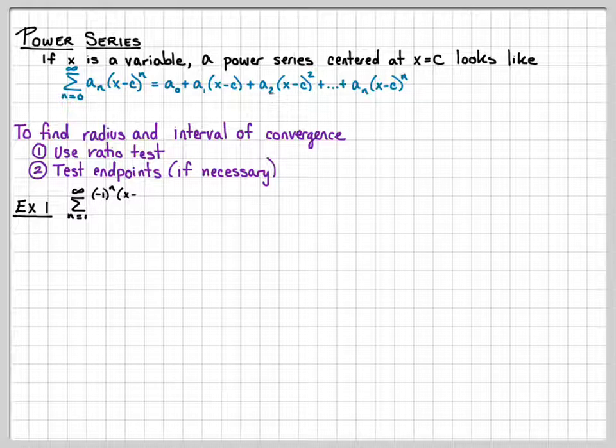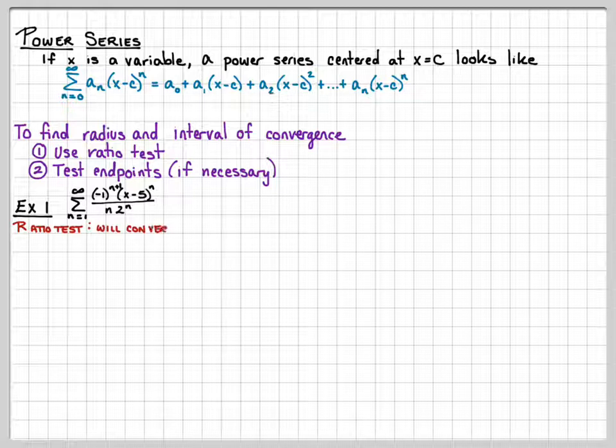The sum from n equals 1 to infinity of negative 1 to the n, (x minus 5) to the n over n times 2 to the n. And I'm just going to fix this really quick, because it should say right here n plus 1. Okay, so let's go on. We start with the ratio test.